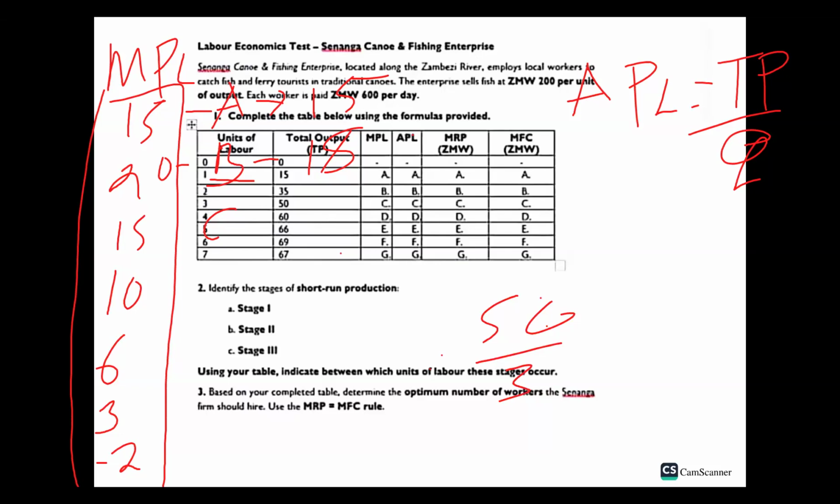What do you find? 50 divided by 3 is 17.